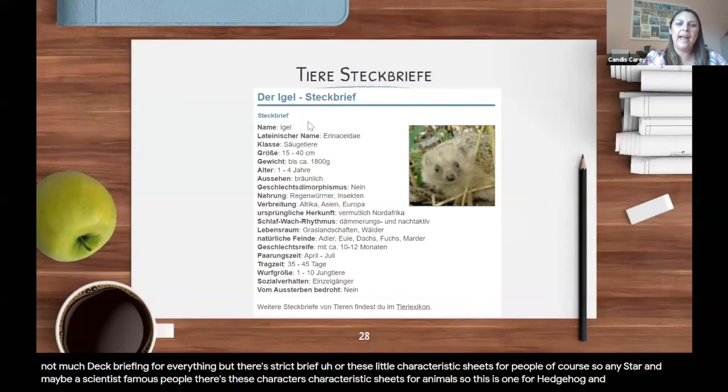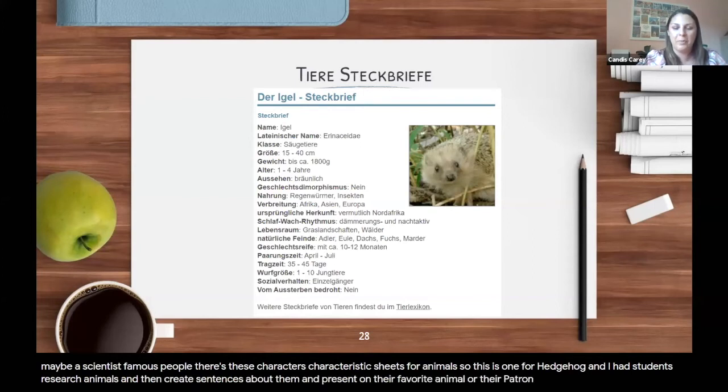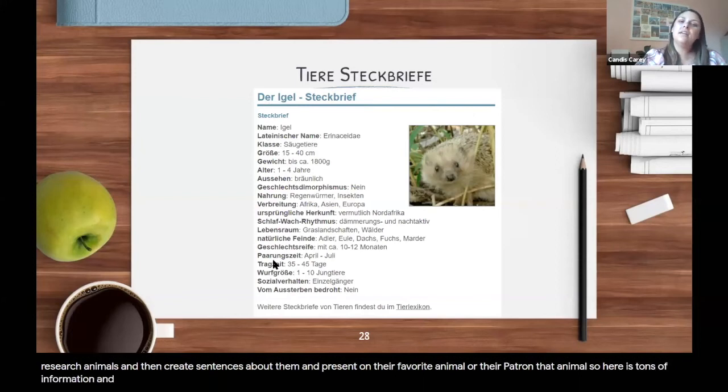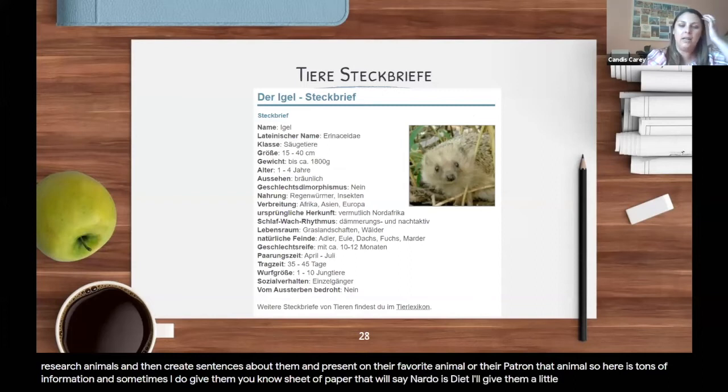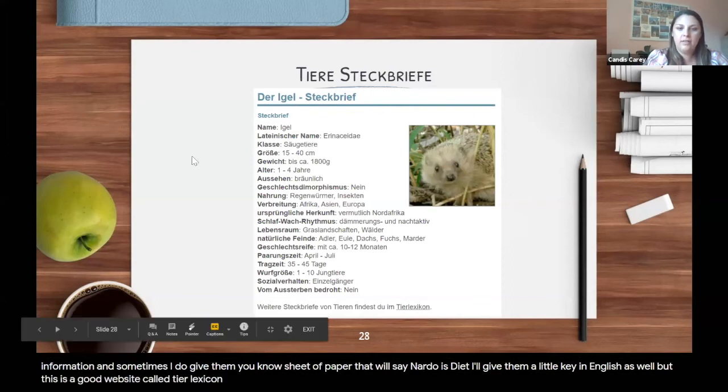And I had students research animals and then create sentences about them and present on their favorite animal or their Patronus, if you like Harry Potter, or their spirit animal. So here is tons of information, and sometimes I do give them a sheet of paper that will say Nahrung is diet. I'll give them a little key in English as well. But this is a good website called Tier Lexicon.